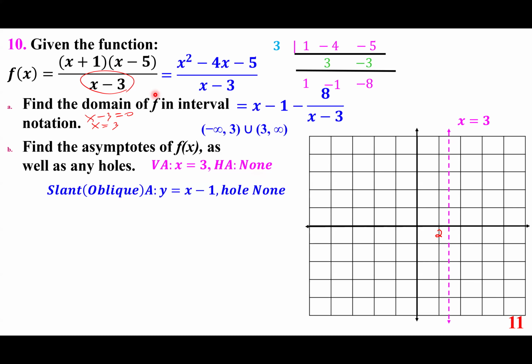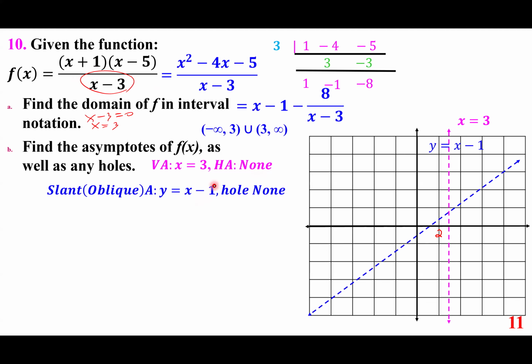There is no hole. Why not? Because there is nothing in common. So there is no hole because there is nothing in common. So we draw that, and just to give you an idea, everybody.